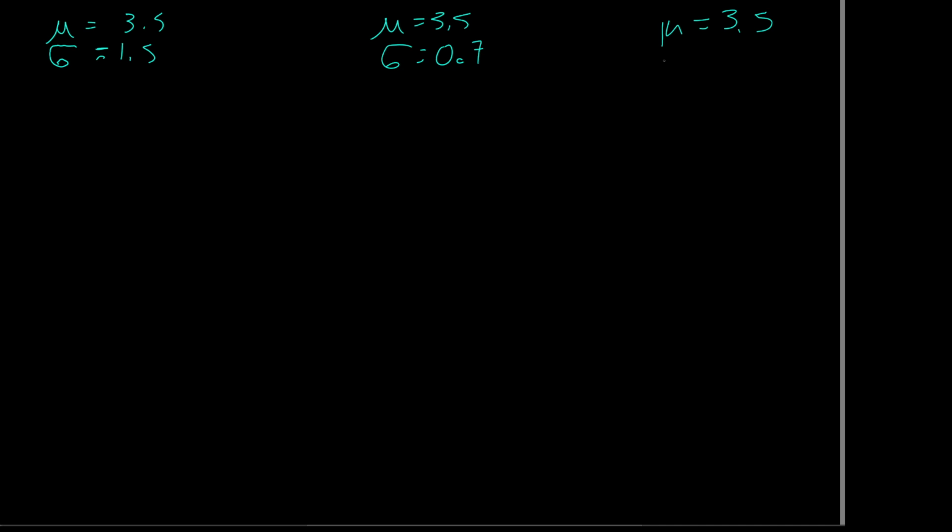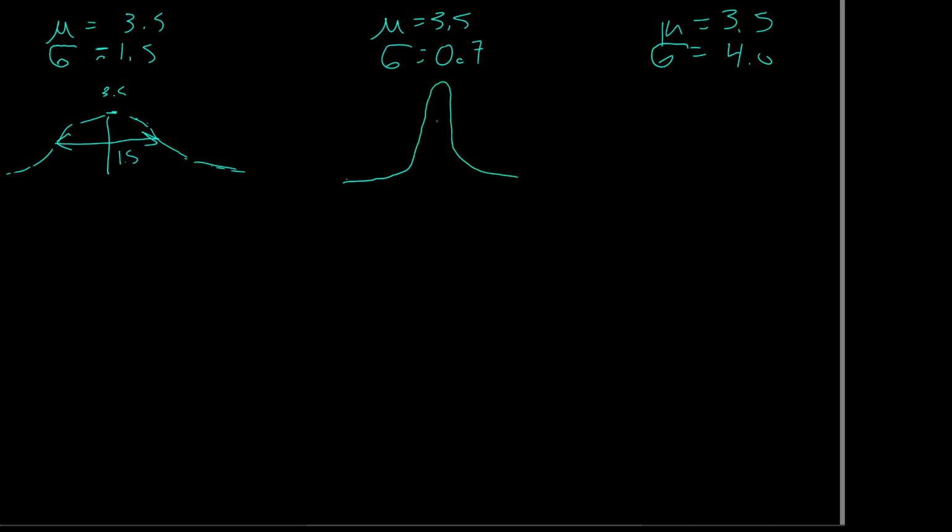And what I'm going to do, let's see here, whoops. And so what this tells me, again, I'm just going to draw the graph generally. That's a 1.5 from the mean of 3.5. Now this one is going to be steeper. And 2 things happen with this.